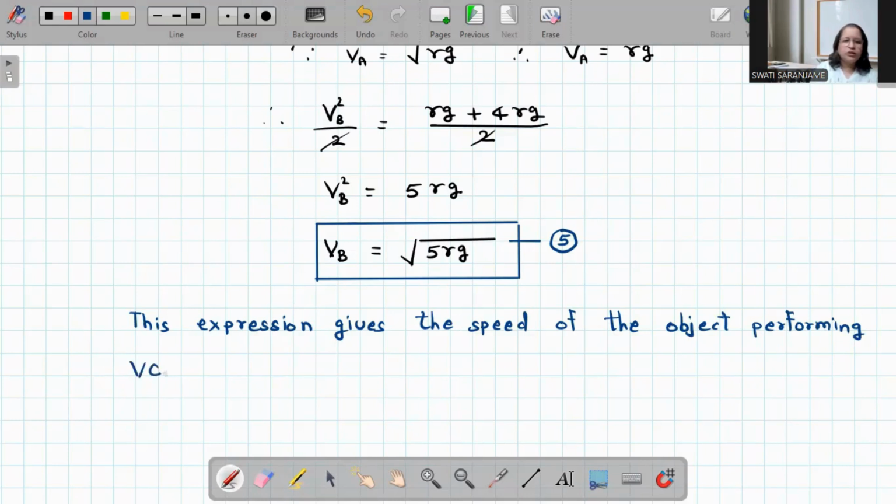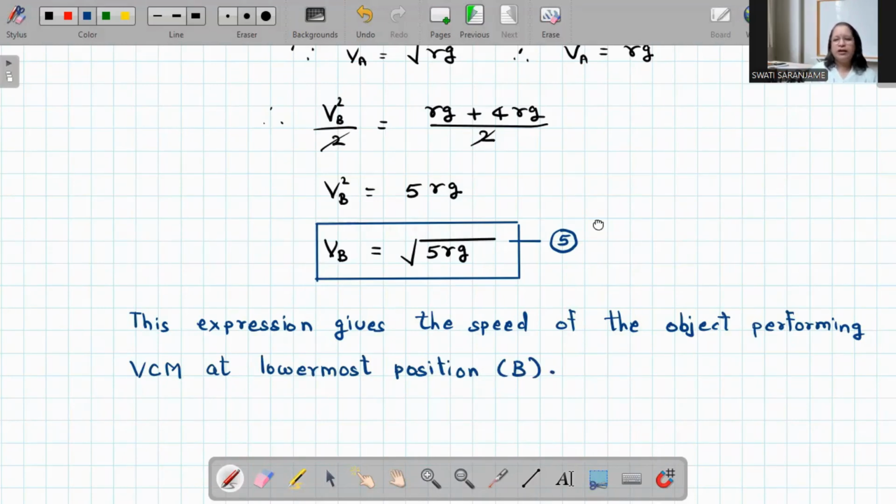For that, I am using the abbreviation VCM, at lowermost position B. Lowermost position B.